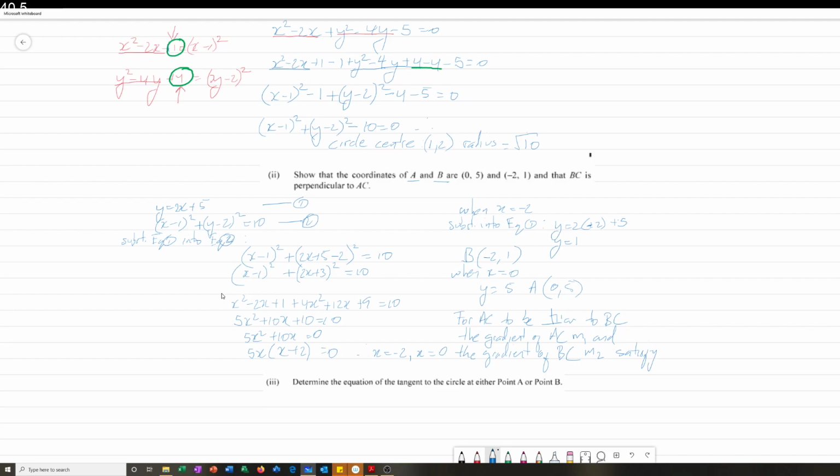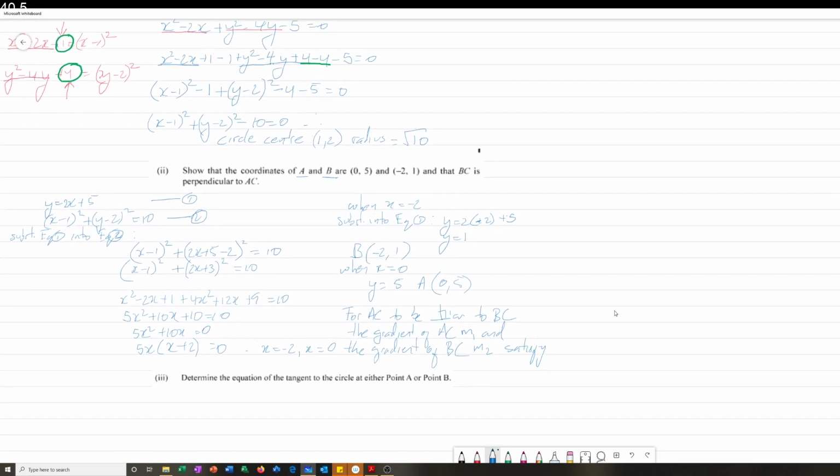I'm running out of space, so let me see if I could just shift over a little bit. The relationship that M1 by M2 is minus 1.